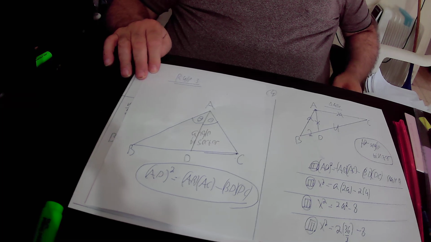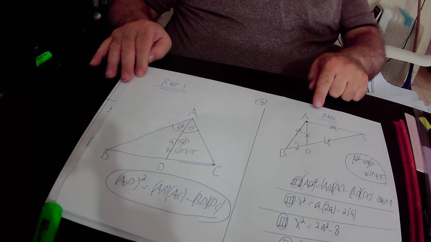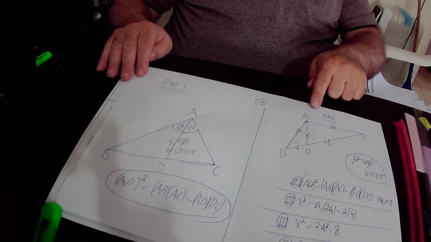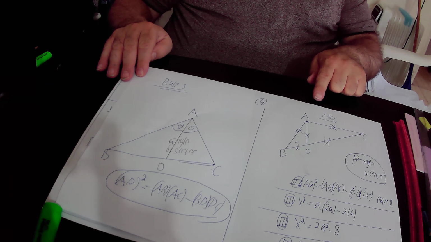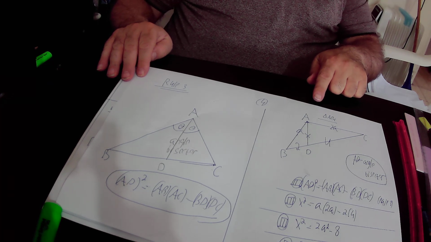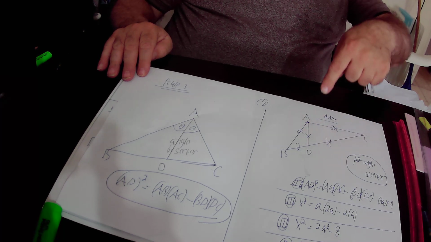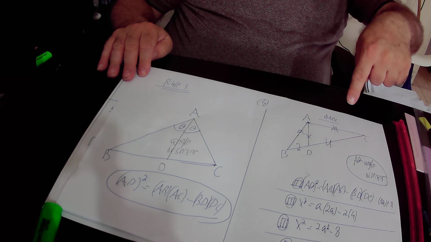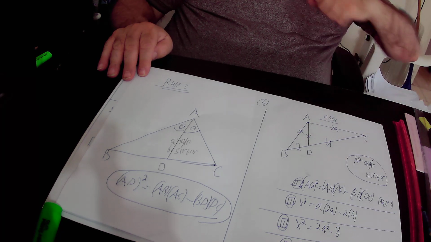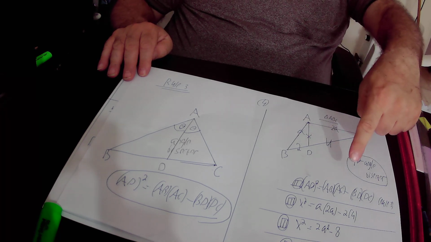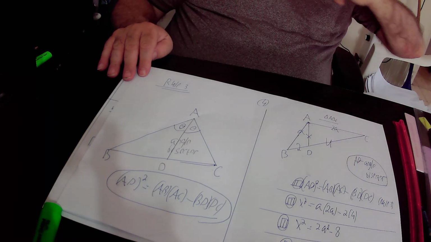We implemented rule number 3 in triangle ABC, so I copied triangle ABC in this new page, and here AD square equals AB times AC minus BD times DC.